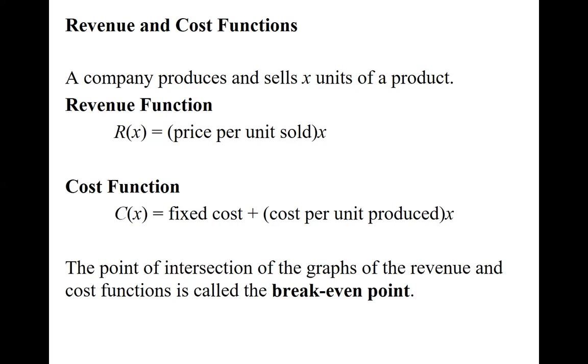The cost function is your fixed cost plus your variable cost. Your fixed cost plus how much per unit times the number of units. Revenue is money in, cost is money out. The point of intersection of the graphs of these two functions is called the break-even point.